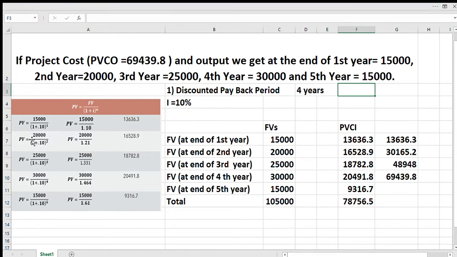Okay, now in the first year we get the output 15,000, so in the present it will be 13,636. In the second year we get 20,000 at the end of 2 years.